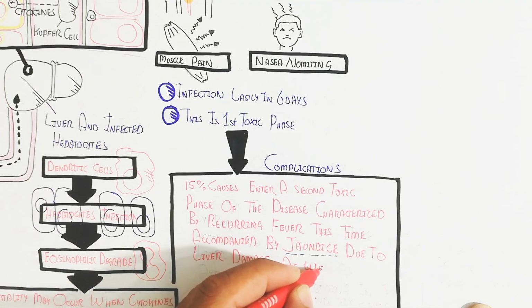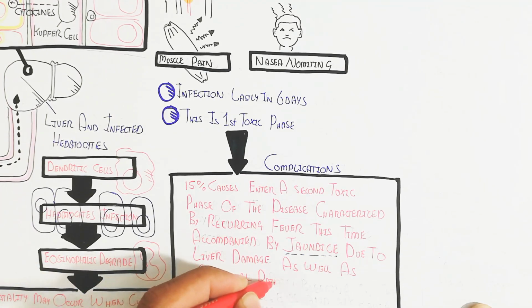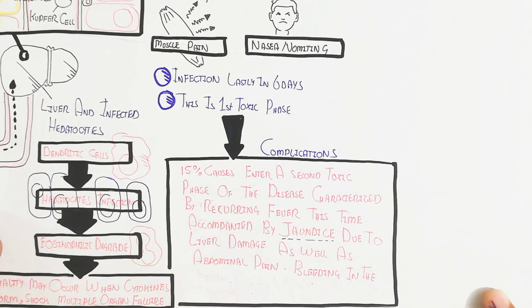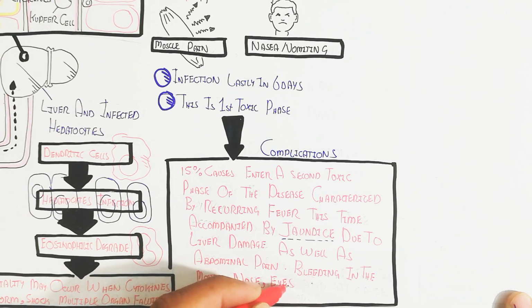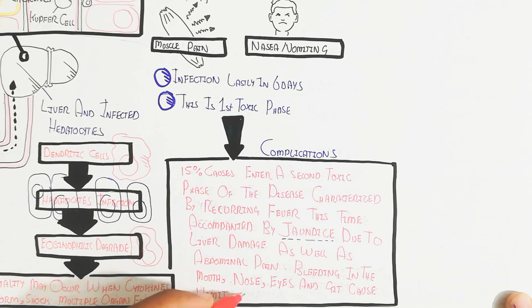Liver damage as well as abdominal pain will be felt due to the jaundice. Jaundice we will discuss in the next video.